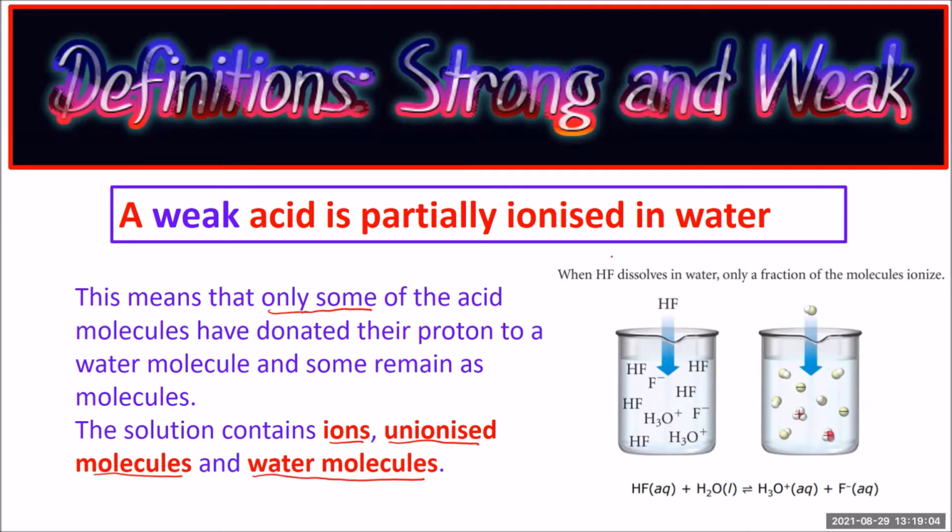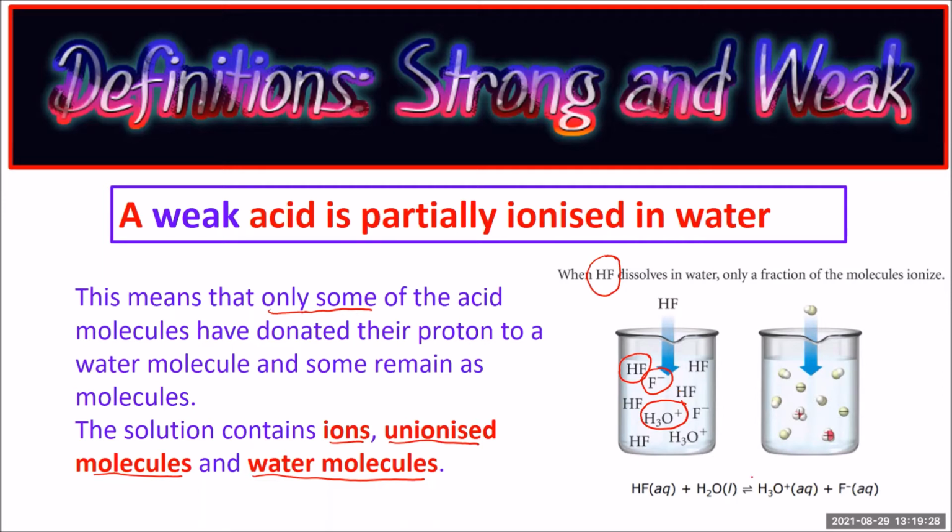So if we look over here, hydrogen fluoride is an example of a weak acid. When it reacts with water, we have hydrogen fluoride in the solution, we have fluoride ions, and we have hydronium ions. So we've got a mixture of everything that was present originally with all of the reaction products as well.